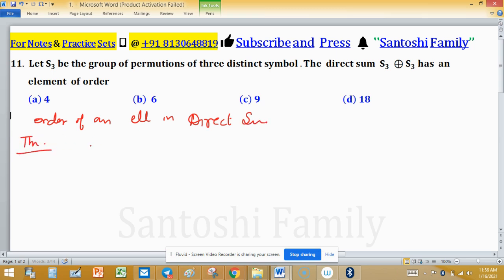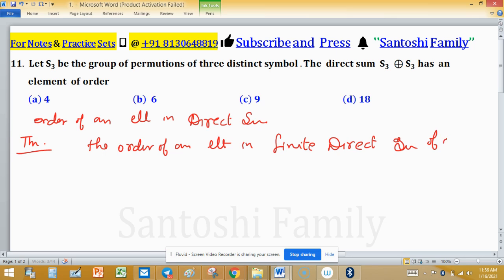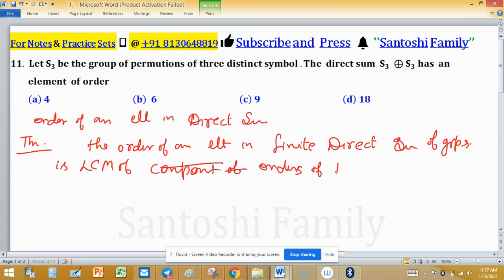And this theorem is: the order of an element in a finite direct sum of groups is the LCM of the orders of the components of the element.